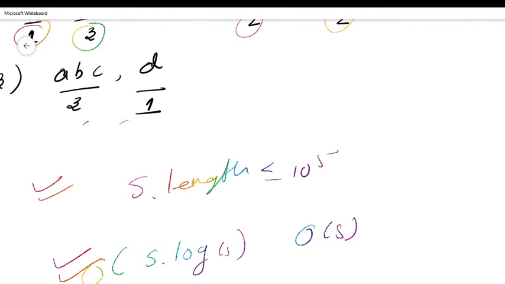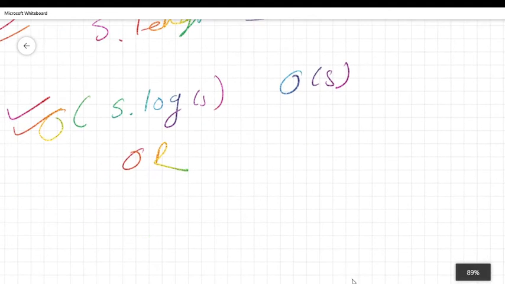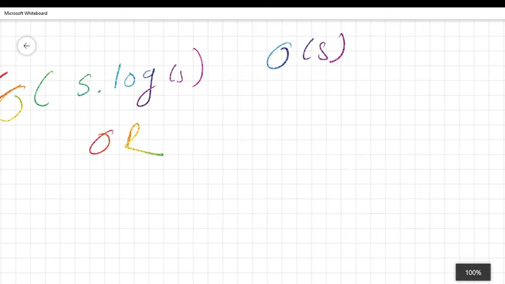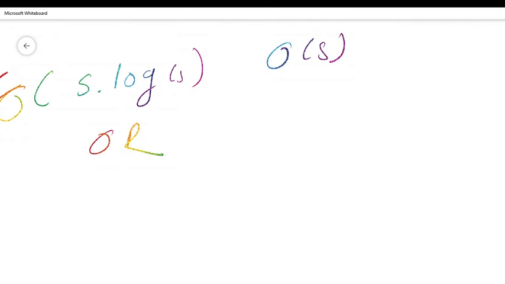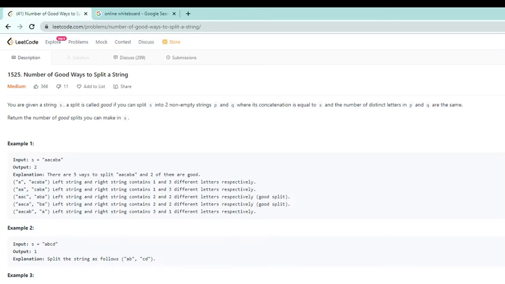So let's first understand how we're going to do it. Let's first think of a brute force solution. Once we have that brute force solution, we can further optimize it so that it will get accepted, right?